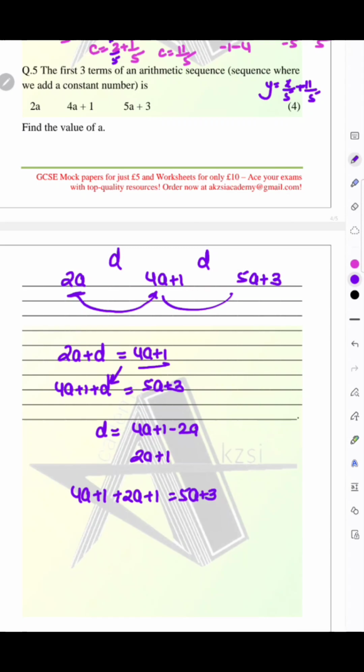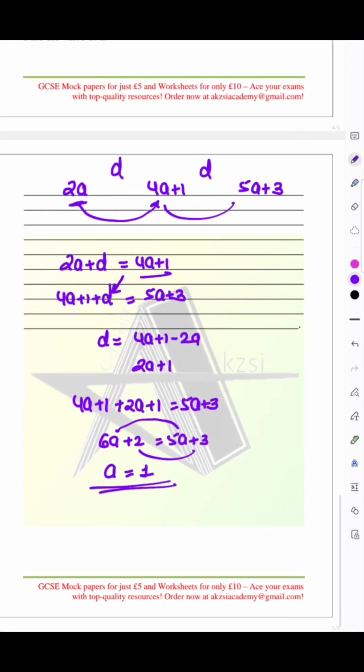See, either you can do simultaneous equation by elimination method or substitution method. I'll show you both the ways. This will be 6a plus 2 is equals to 5a plus 3. Bring it here. This will be a and bring it here. 3 minus 2, it's 1. So we got a as 1. So the value of a is 1.